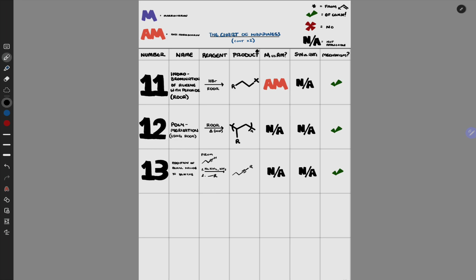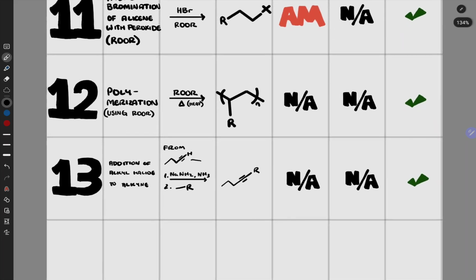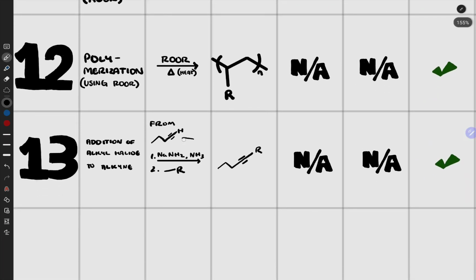All right, quickly, number 13, the addition of an alkyl halide to an alkyne. This is basically you take an alkyne right here. I'll zoom in so you can see it better. From an alkyne, you will have a hydrogen sticking out on the end of the alkyne. I'll try to draw that better. This is a carbon right here, this is a carbon right here, and this is a hydrogen sticking off of it.